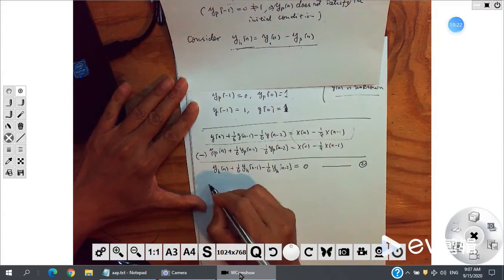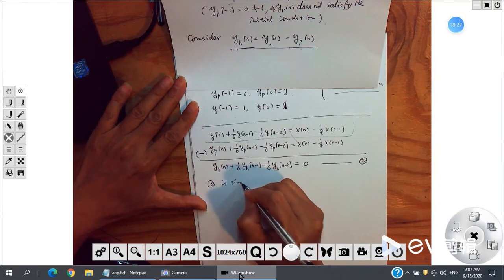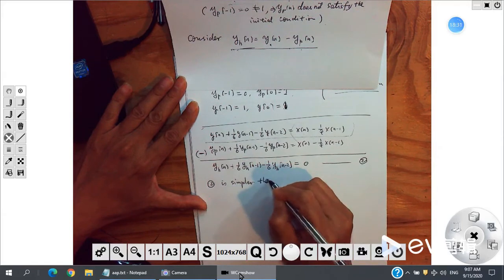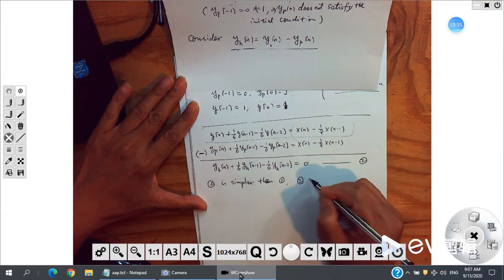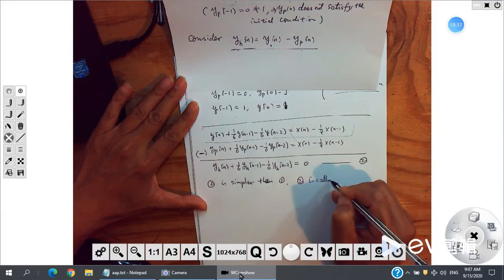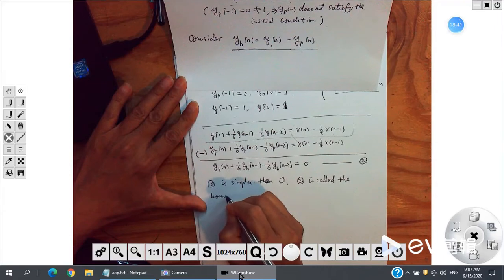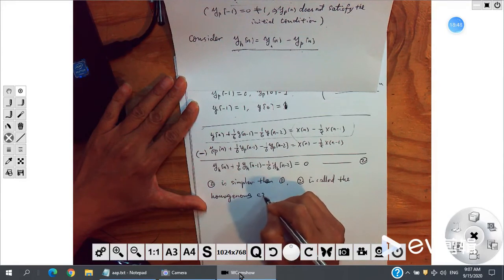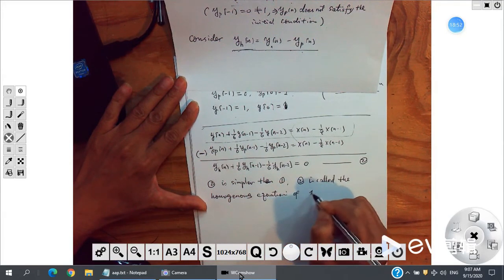We have name. Yeah. 2 is simpler than 1. We have name. 2 is called the homogeneous equation of 1.